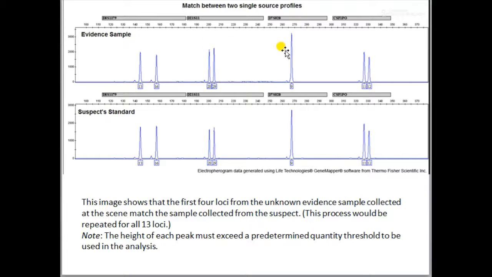And this is the evidence sample, the DNA you get from the evidence; that DNA profile is also constructed. This is the electrophoretogram of one, and this is the second one. When you compare, you can see that the peaks are similar. So you can say that the suspect was in fact present at the site of that particular incident.